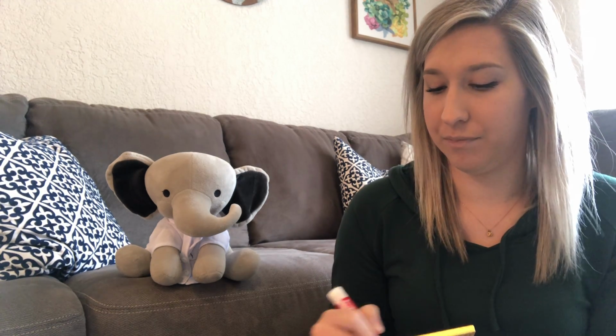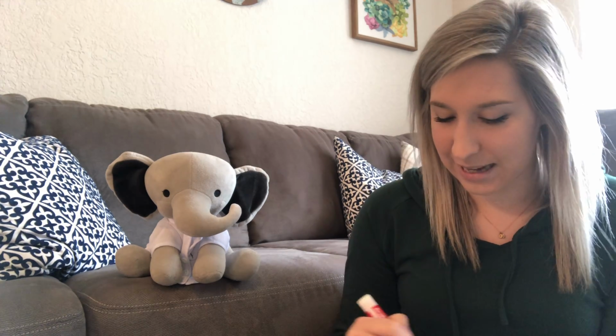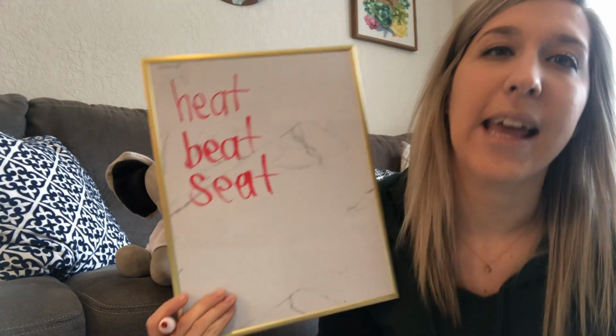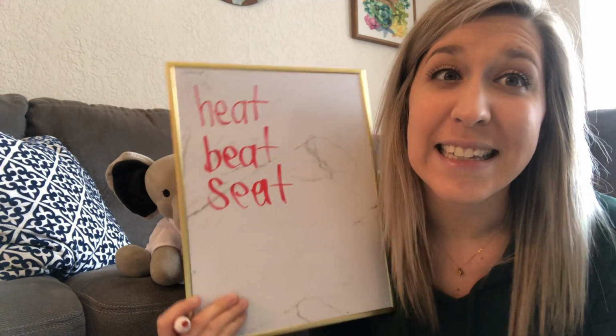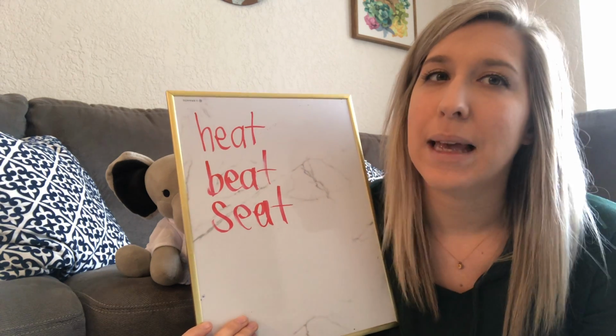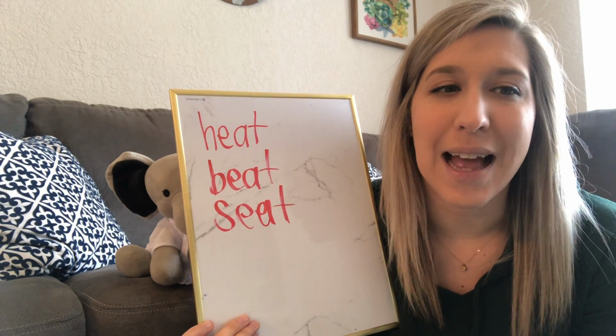Very good, kindergarten. I heard so many good options. Some of the ones I heard were heat and beat and seat. Very good. Can you now think of some words that rhyme with Pete that have a blend at the beginning?